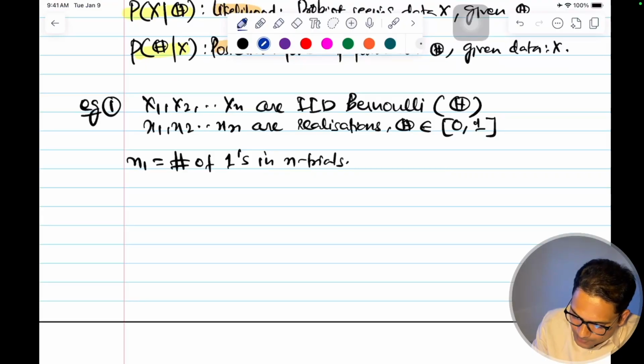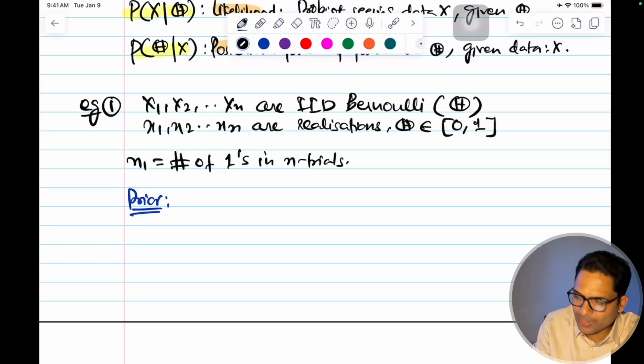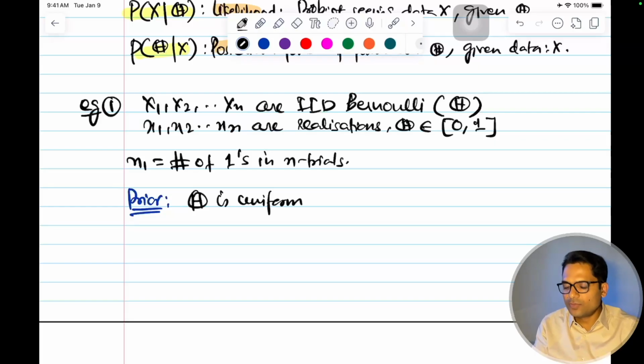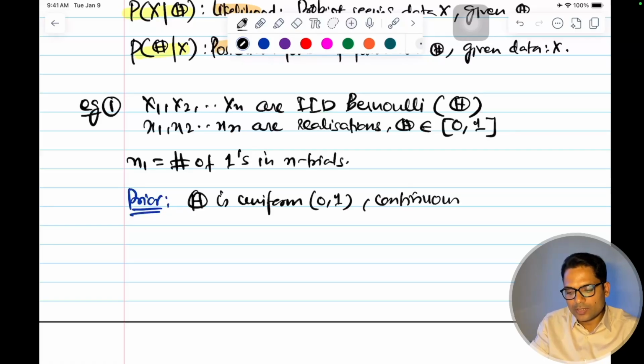What is my prior? So my prior belief this time is that theta is uniform, uniform 0 to 1. Let this be continuous so that I can give you a continuous example also. It doesn't make any difference here, but this will just show that this can be continuous also.